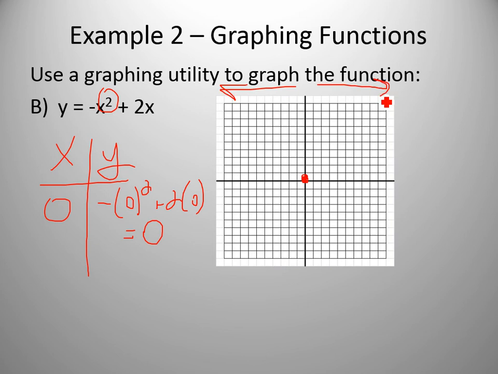And I want to see if I can get a U to run through that there. So if I put a 1 in for x, I'm going to have negative 1 squared plus 2 times 1. And when I do that, I get positive 1. So that's one of the points that's going to be on the graph here.